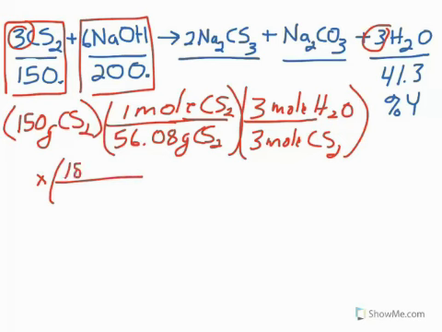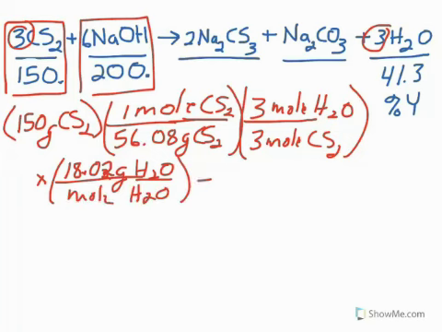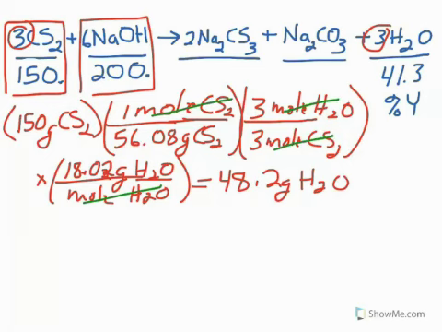Again, I had to use the periodic table to calculate that. 18.02 grams of water per mole of water, and I get 48.2 grams of water. If I want to check my units, I can. The moles of water cancel, the moles of CS2 cancel, the grams of CS2 cancel, and I'm left with grams of water. So I have a good feeling that I did that portion of it right.